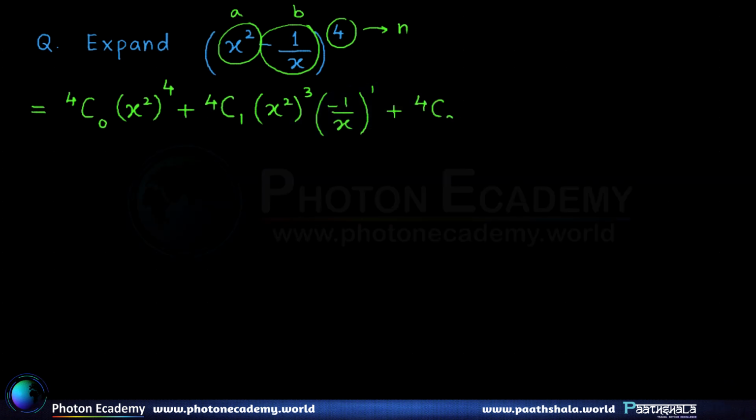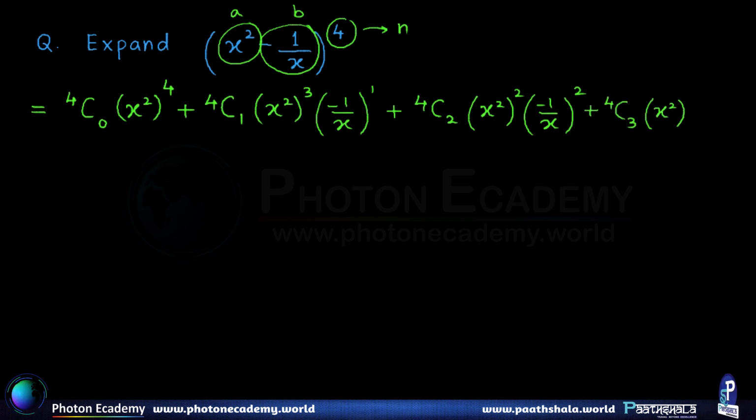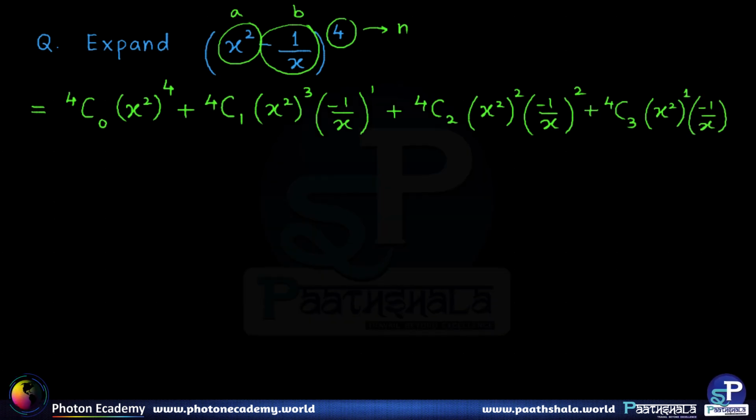Then next is 4C2, (x square) square and (minus 1 upon x) also the whole square. Then we have 4C3, x square raised to 1 and (minus 1 upon x) the whole cube, and lastly we have 4C4, x square has vanished and we have only (minus 1 upon x) raised to 4.